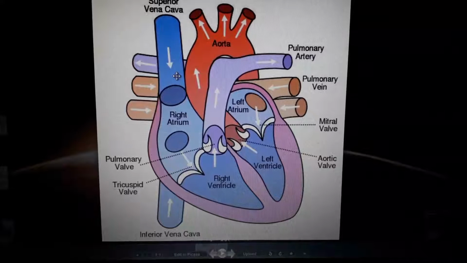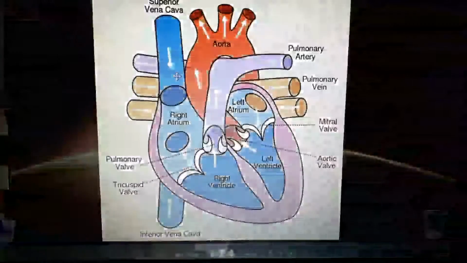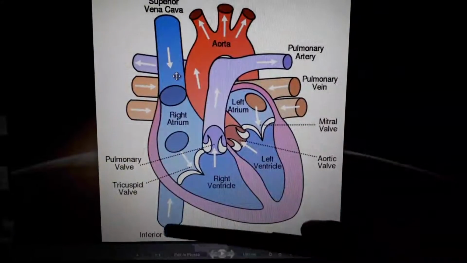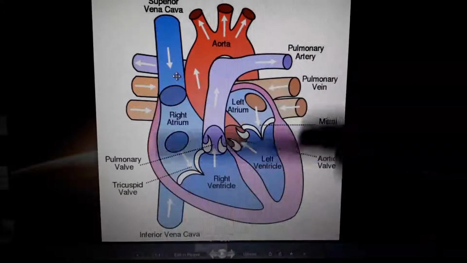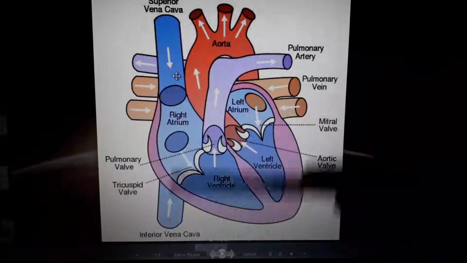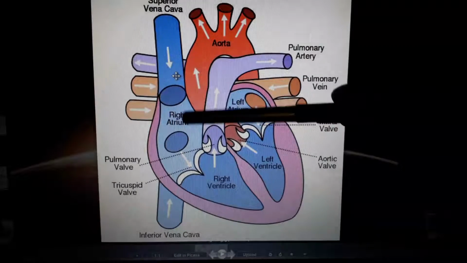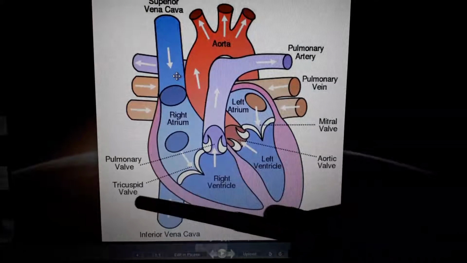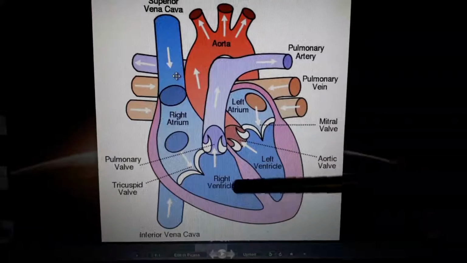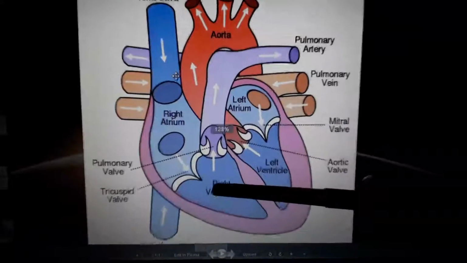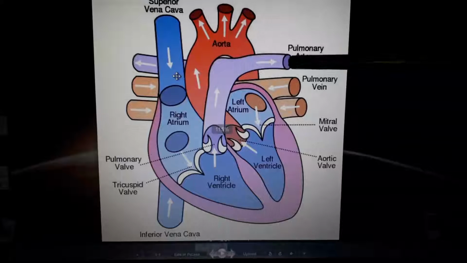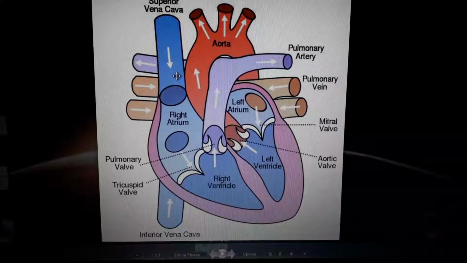And after using this blood, it is sent back to the veins, and two particular veins are there. One is known as inferior vena cava, the biggest vein. This is also the biggest vein. Both veins will take that blood back to the heart, and it reaches the right atrium, and through the tricuspid valve it reaches the right ventricle, which pumps it to the pulmonary artery, and from the pulmonary artery it reaches the lungs.